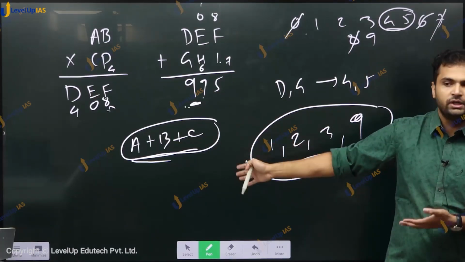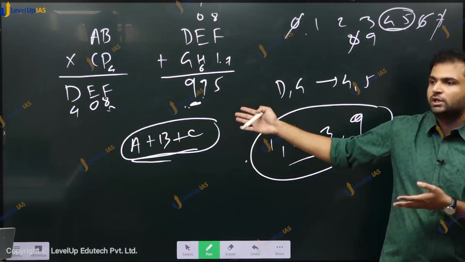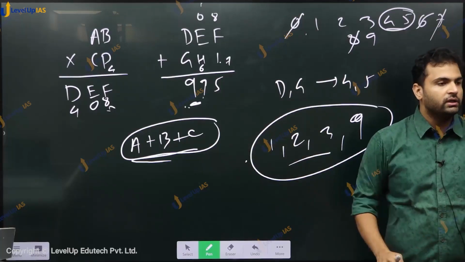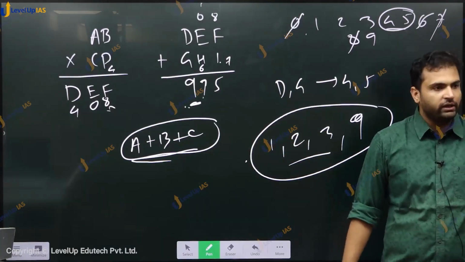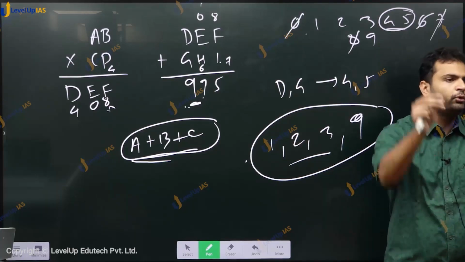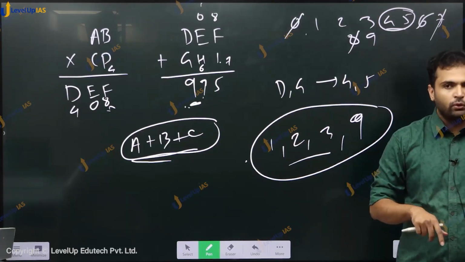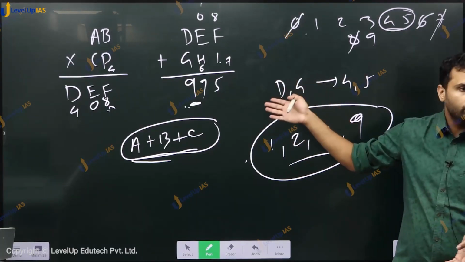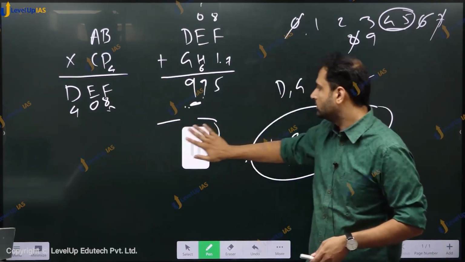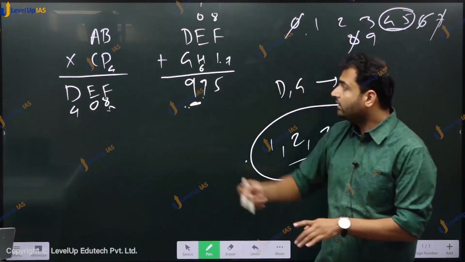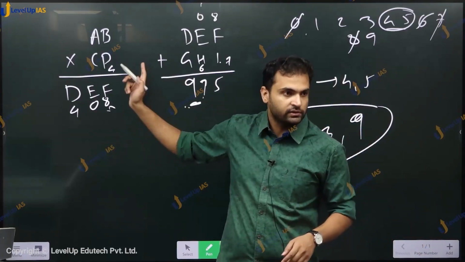That is the sole reason why they would ask A plus B plus C and not the individual values or directly the sum. If they ask you directly what are the values of ABC, you can put in and check. But they don't want you to do that. They want you to do something like this. And anyway, we got D as 4, not as 6.